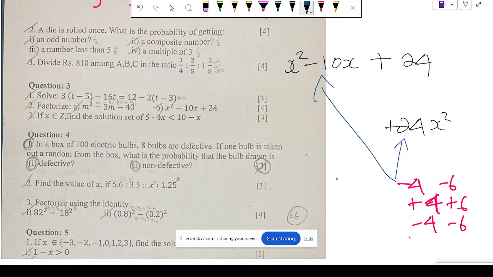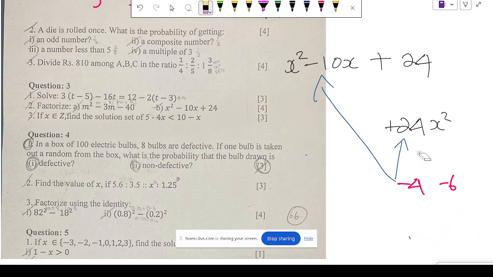Plus, sir. So tell me which number is correct? Minus 4, minus 6. Are we getting minus 10x and plus 24? Is it correct? Yes, sir. Okay, so other two just ignore.